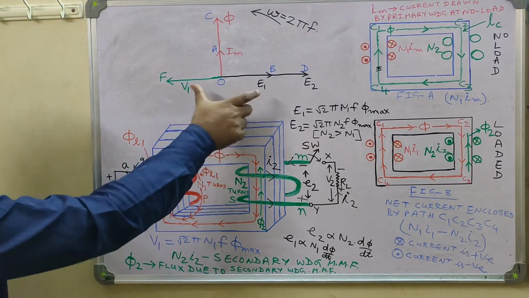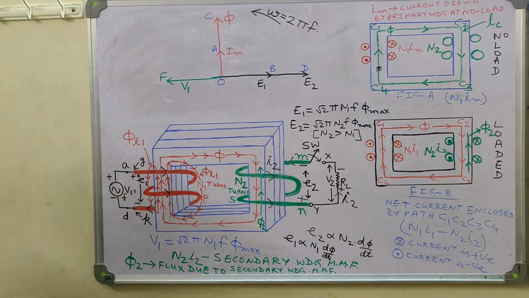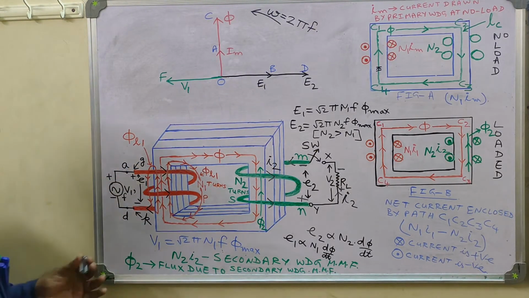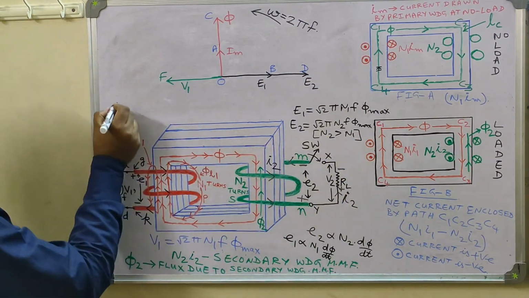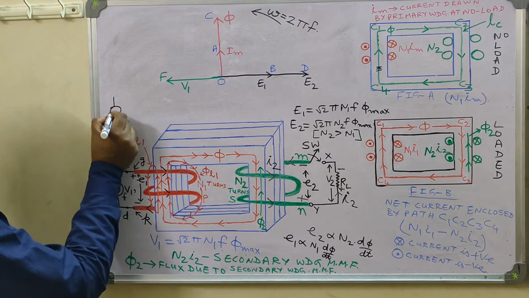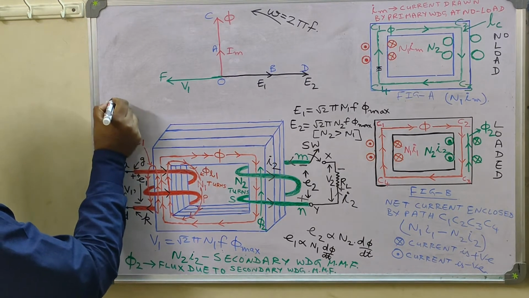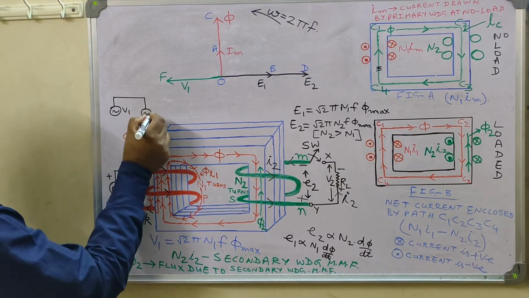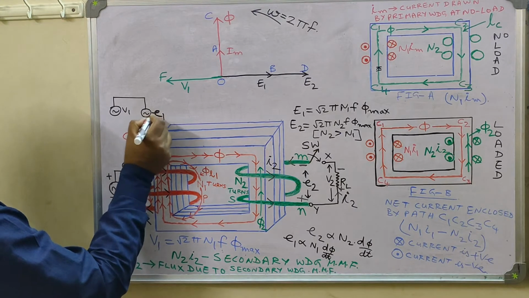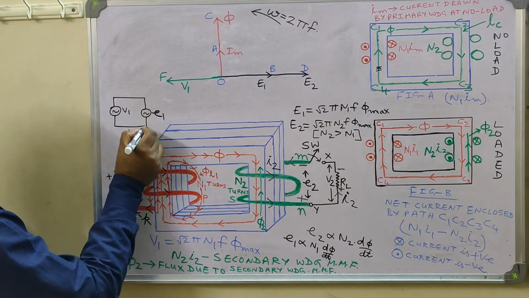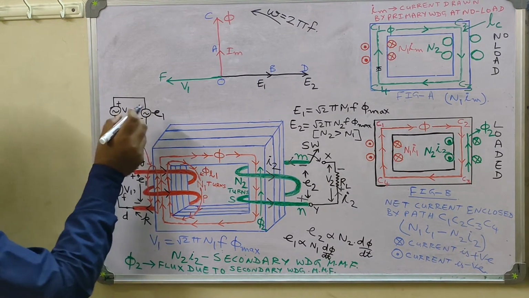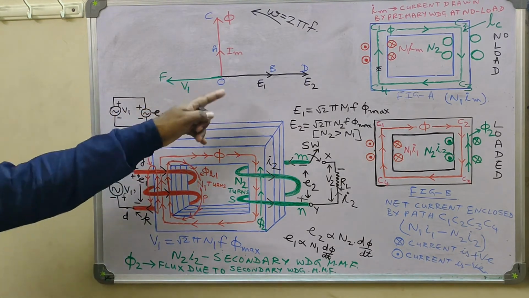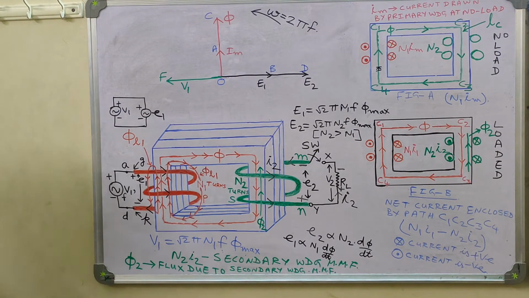So V1 and E1 should be shown 180 degrees out of phase. We have drawn this diagram in the previous discussion, and we have indicated that they try to oppose each other at each and every instant. So with respect to that, we are saying they are 180 degrees out of phase.